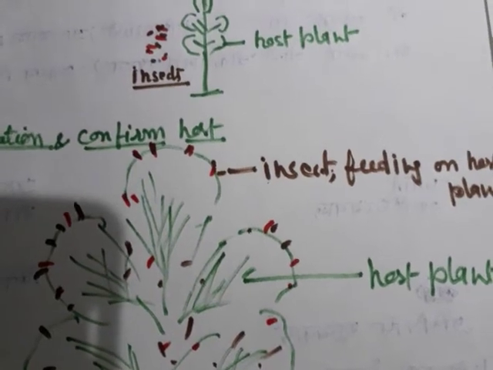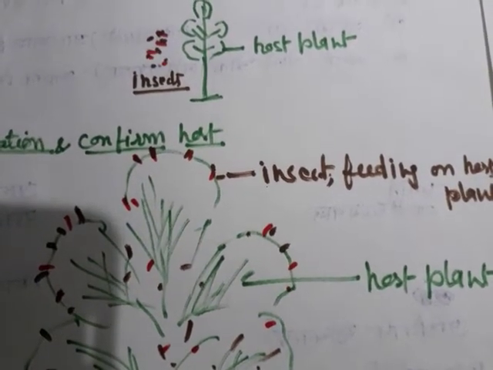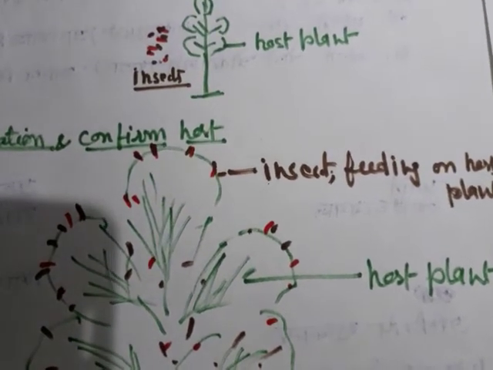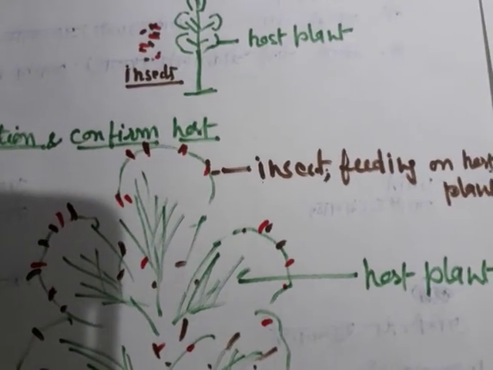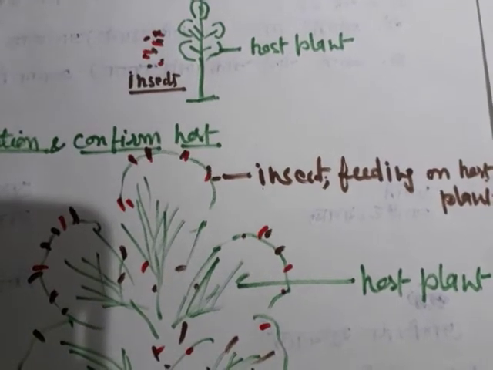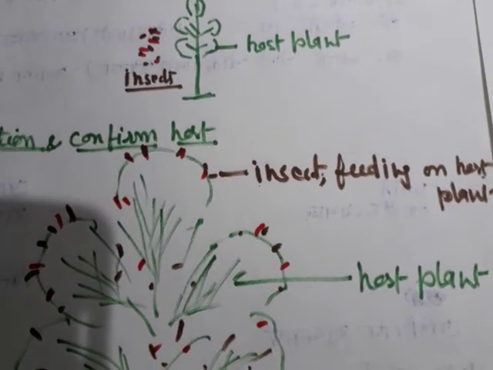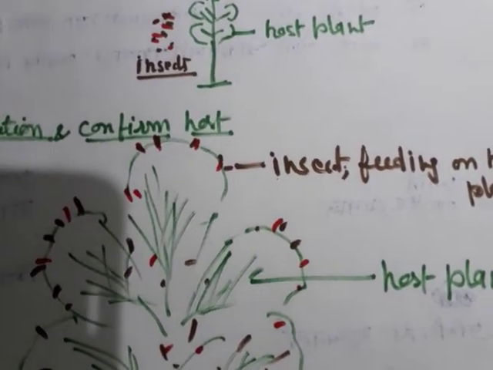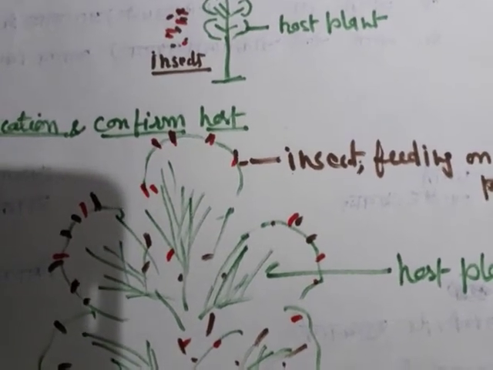Butterflies siphon the sap and take the food and pollinate the flowers, and bees also do this. So these are beneficial to plants.